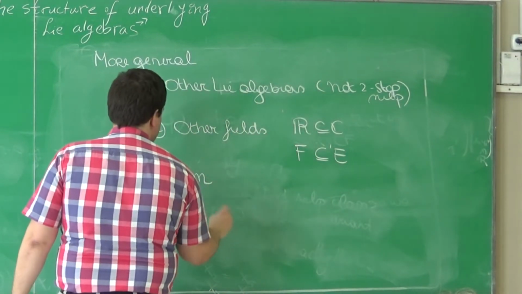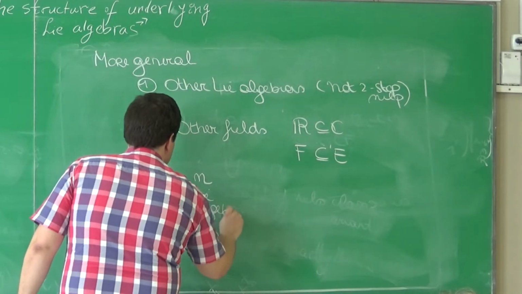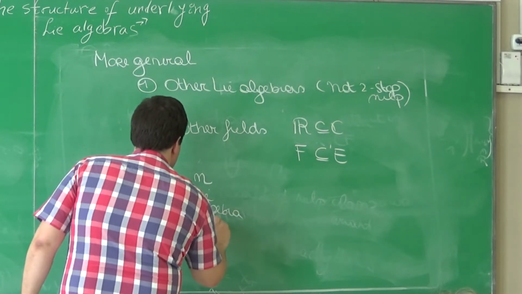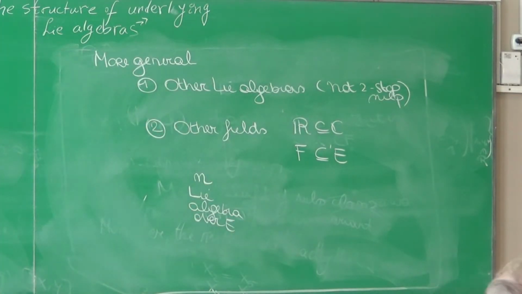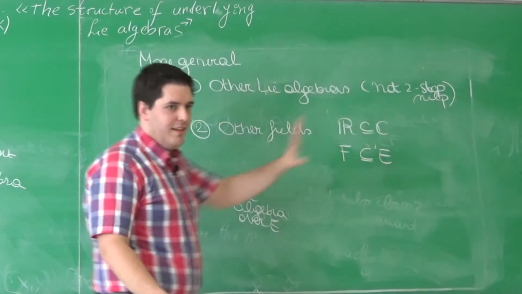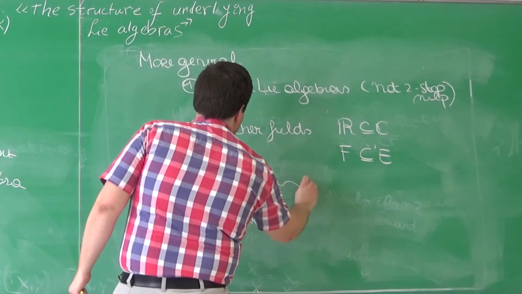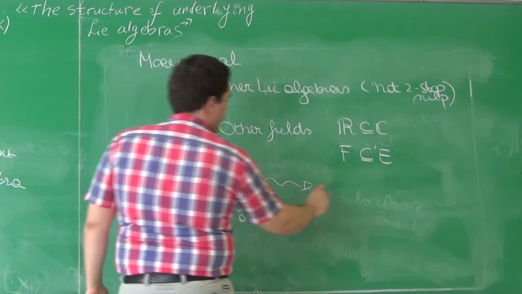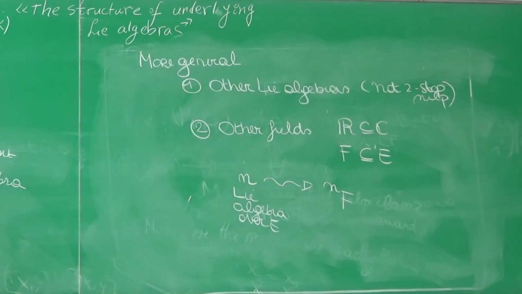So suppose that N is a Lie algebra over E. And all my fields are of characteristic 0, don't worry too much about it. If you don't want to think about it, just think about the first case. That's good for me as well. You have what we call N_F. It's the same procedure as forgetting the J here.